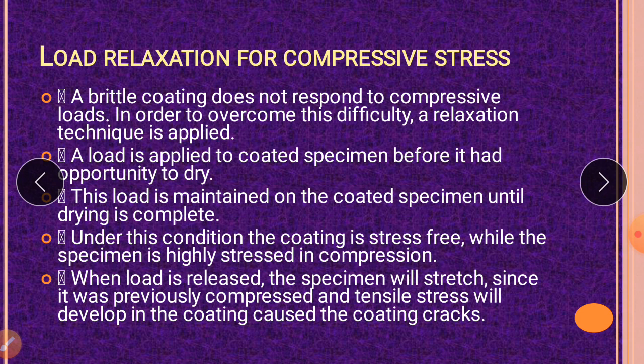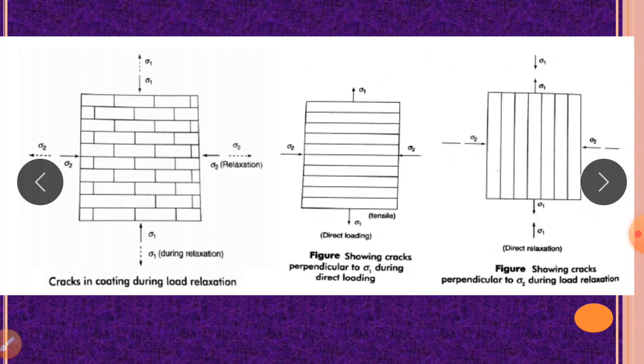The surface which is coated with the brittle coating, when it stretches, this coating experiences the tensile load. Because of that tensile load, it will create the crack patterns. By those crack patterns, we determine the stress of a compressive load. Okay, by that we can understand this load relaxation technique.